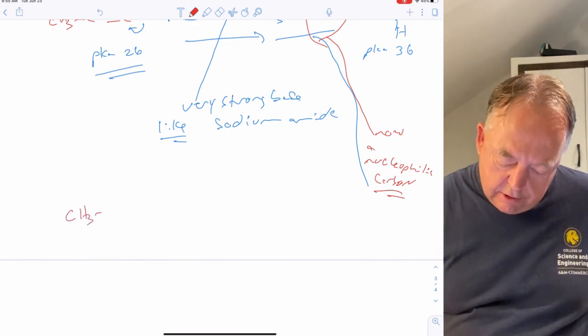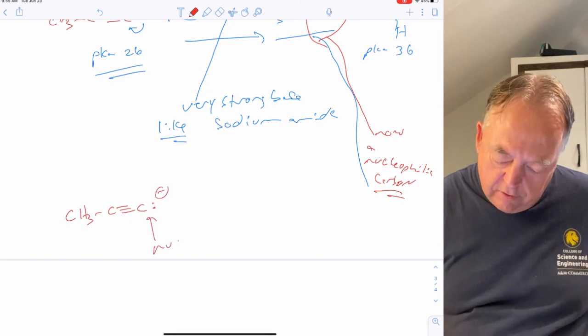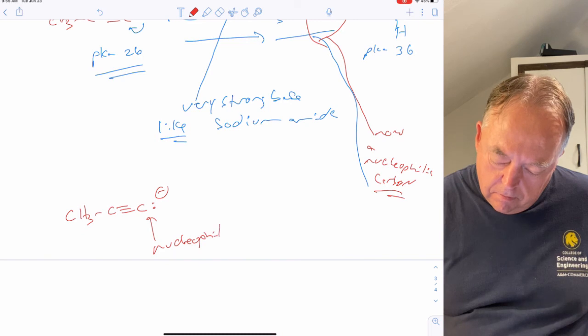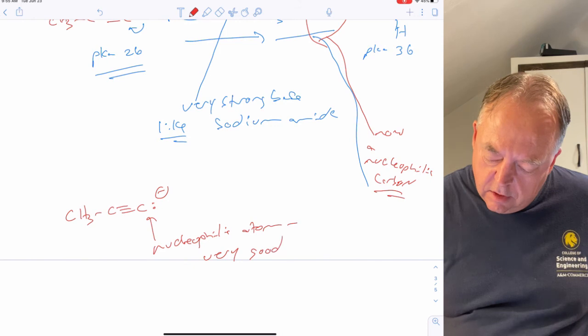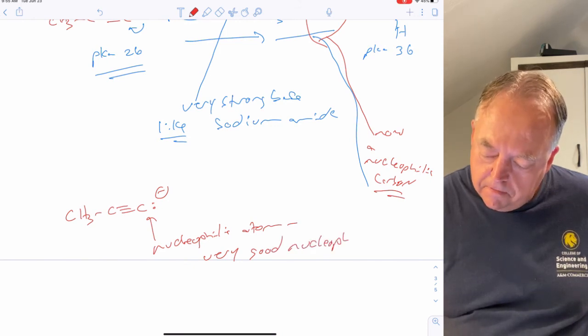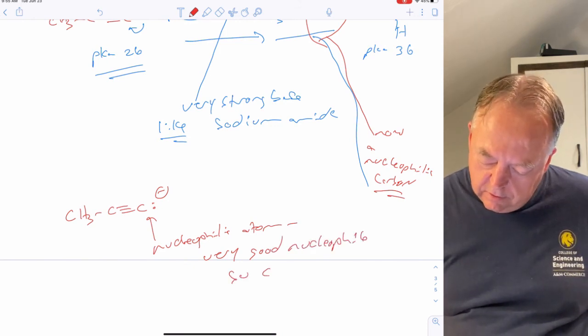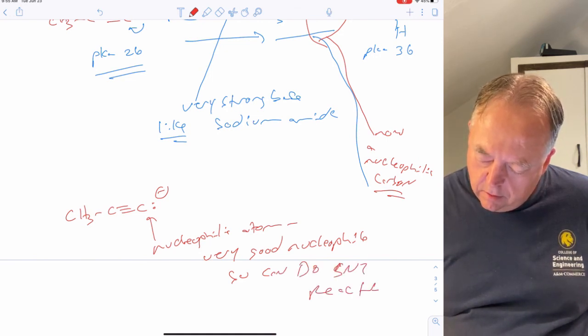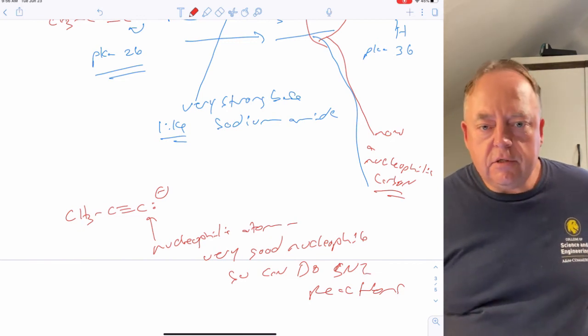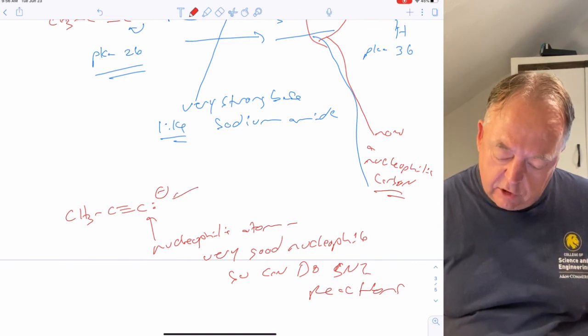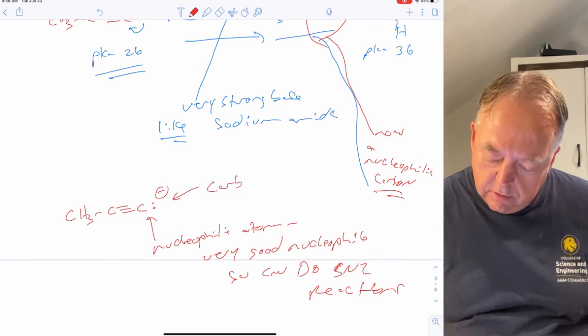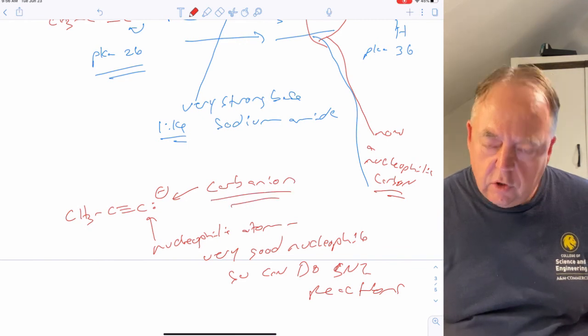These deprotonated terminal alkynes are nucleophilic, and it's a very good nucleophile. So it can do SN2 reactions, and that's some of the reactions that we'll look at in the next chapter. Now you have a negative charge on carbon with a lone pair. That's what's called a carbanion.